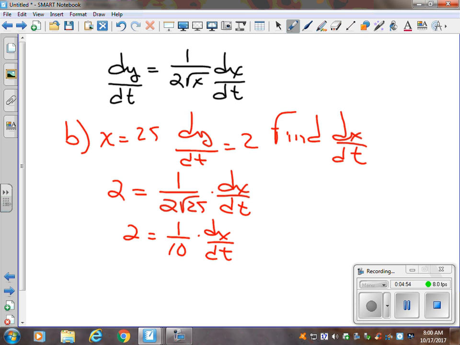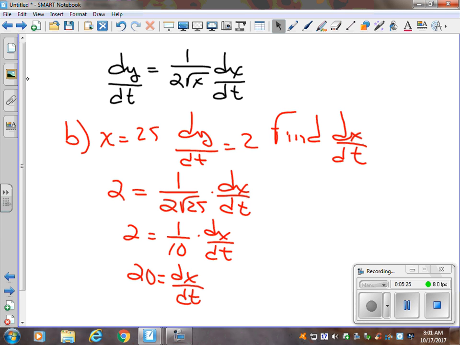And that becomes 20 for dx over dt. Now, if you need to show multiplying that by both sides, feel free. You also could think of that 10 as divided by 10, so I'd multiply by 10 because the 1's not that important. So as x changes by 20, y is only changing by 2. So x is changing by a whole lot more than y is in this question.